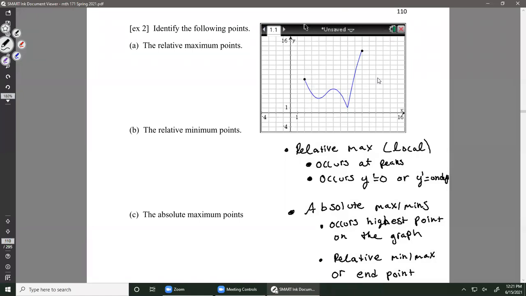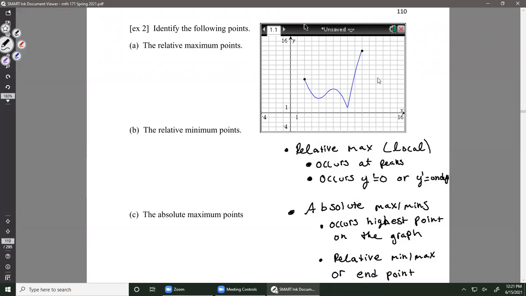Is that right? Endpoints can't be relatives. Endpoints aren't relatives because they don't have both sides. Okay, because it's relative around that point. Yeah. That was my guess. Good call.